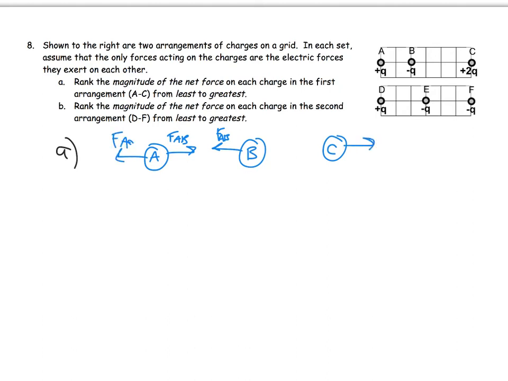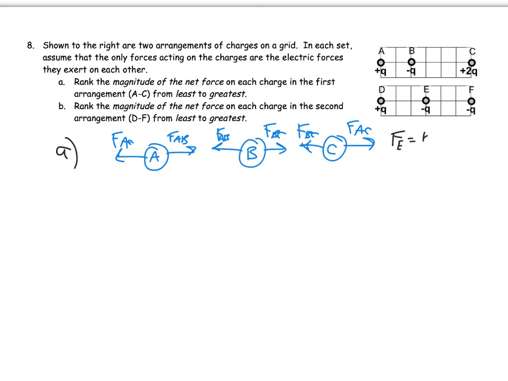And then lastly, B and C are also oppositely charged, so they will attract each other. So we see here that all of these have two forces going in complete opposite directions. So the directions alone don't necessarily help us. But what I can also do is solve for each force.